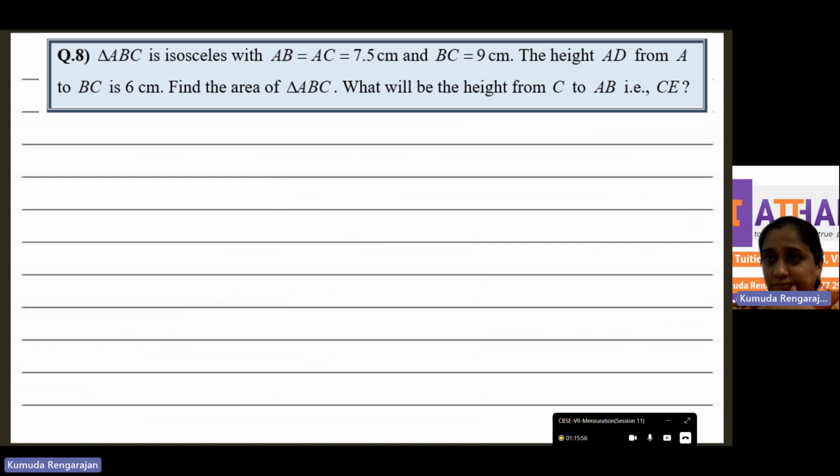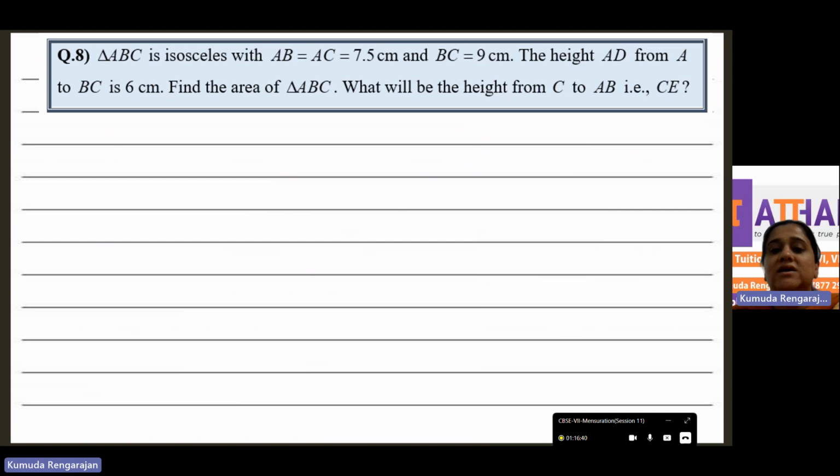This is the question for that diagram. Write down fast. What will be the height from C to AB?